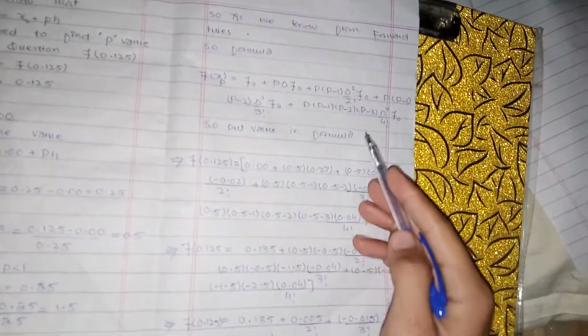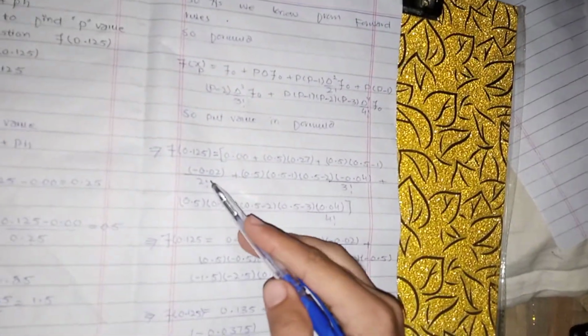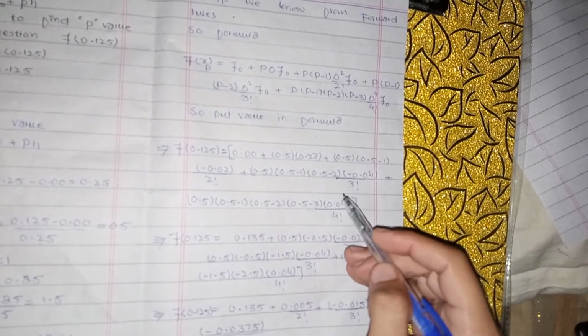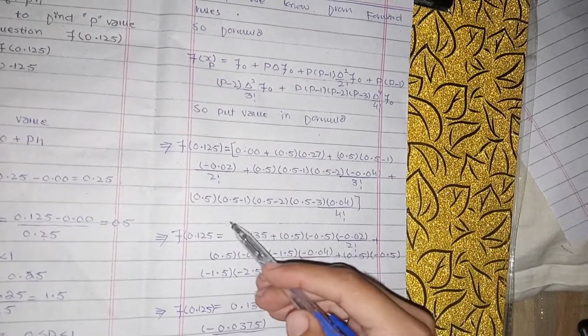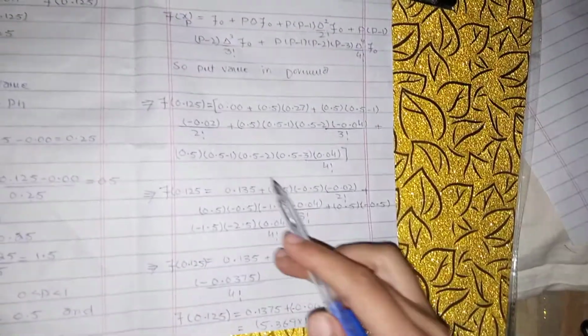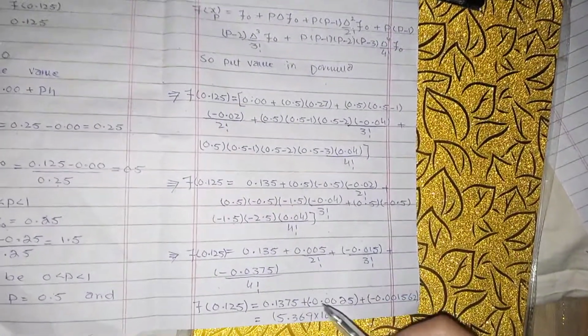I put all these values in this formula, and 2 factorial and 3 factorial came in their own places. Then I calculated all the values, and it gave this answer.